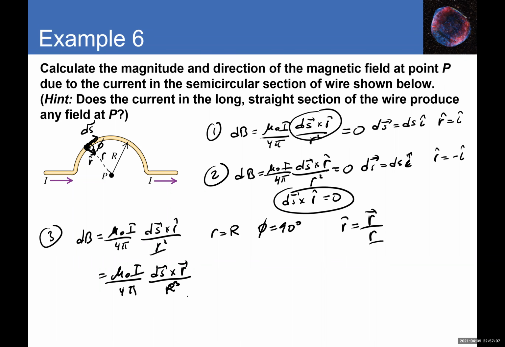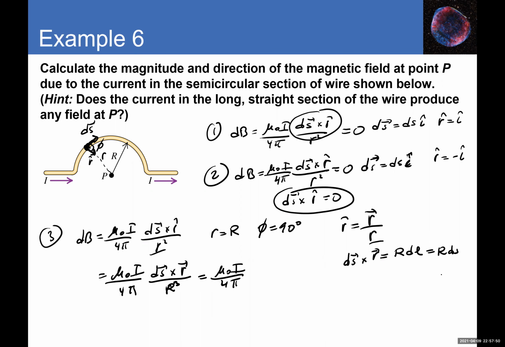Then I can rewrite this as mu naught I over 4 pi times ds cross vector r, now not the unit vector, over r cubed. So ds cross vector r ends up being r dl, pretty much, or r ds, same thing.